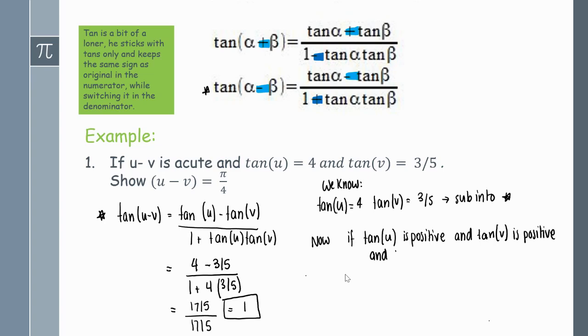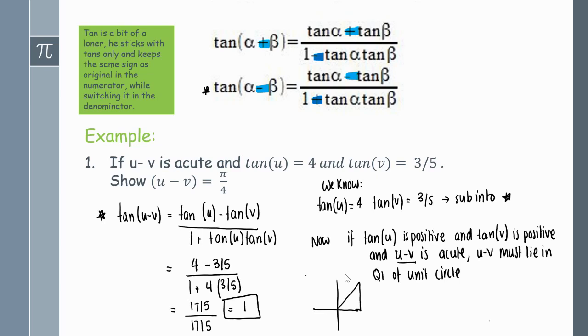And I know an angle that's acute, that tan is equal to 1. And I think you know the answer as well.